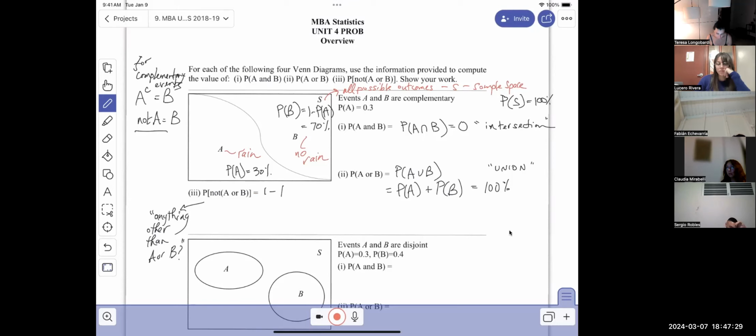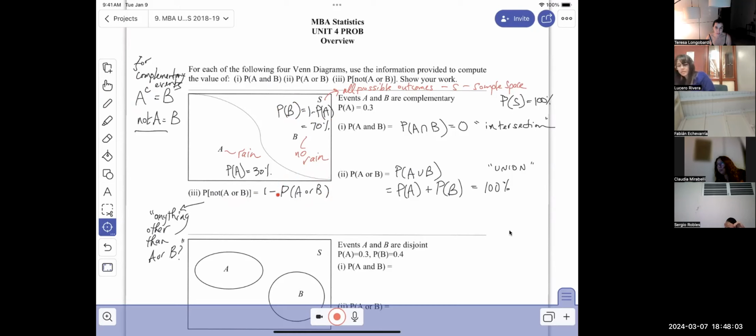Whenever you see a complementary event, you can calculate it like that, just like I did here. So this is the probability of B because B is not A, which is 1 minus the probability of A. So just like B is not A, 1 minus the probability of A, then not (A or B) is 1 minus the probability of A or B. But what was A or B?